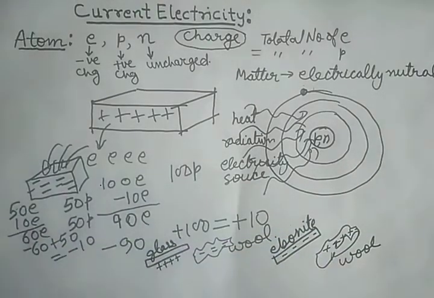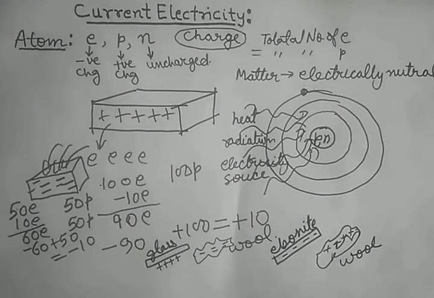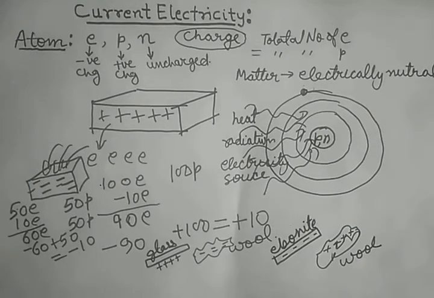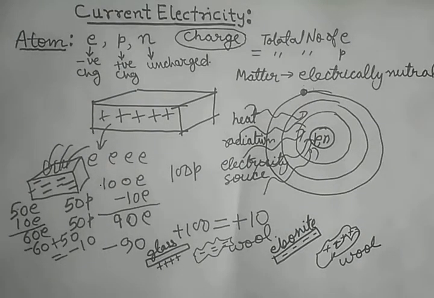So we can't just memorize which will acquire positive or which will acquire negative. It also depends upon which body is losing and which body is gaining electrons. So you can search out those materials which acquire positive charge after rubbing over another object, so that object will acquire negative charge.